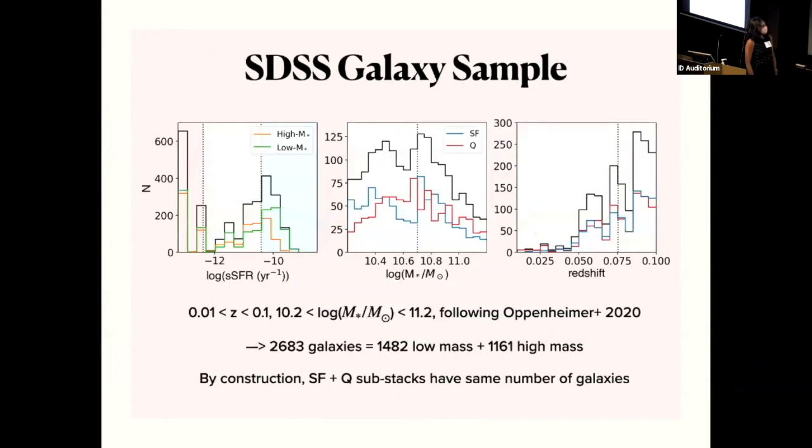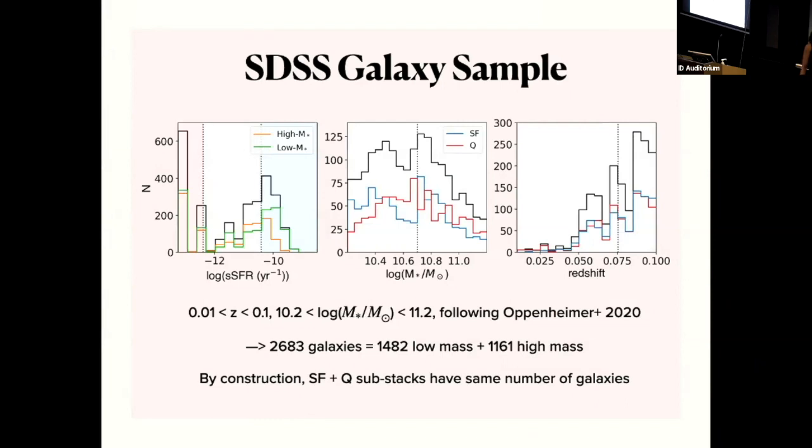This is our SDSS galaxy sample, a distribution of properties. Basically we split the stack into low mass and high mass, following Ben Oppenheimer's 2020 choices, since there's already a detailed theory paper about this and we're just going to make the same choices. Then within each mass stack, we rank order the galaxies by specific star formation rate.